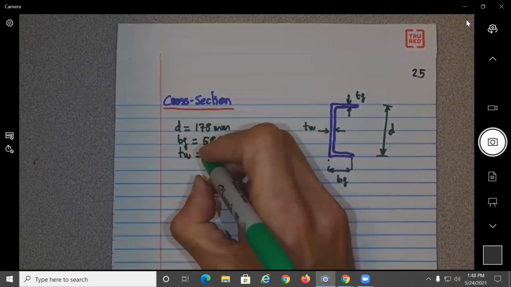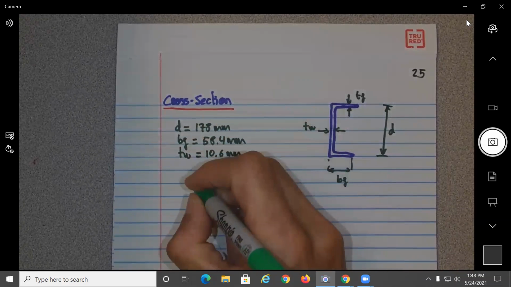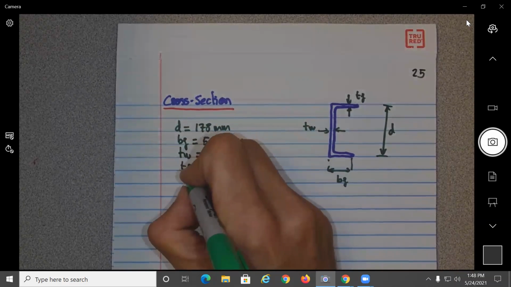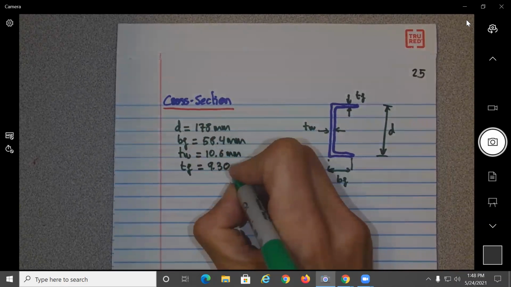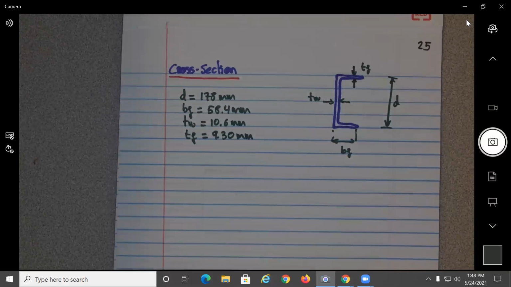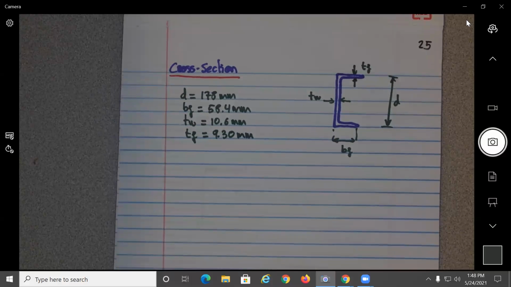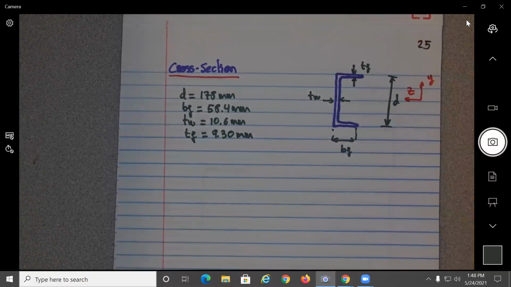Thickness of the web is 10.6 millimeters. And T of the flange is 9.30 millimeters. Okay, and in our case, remember that we are using the following reference frame. This is Y, and this is Z.